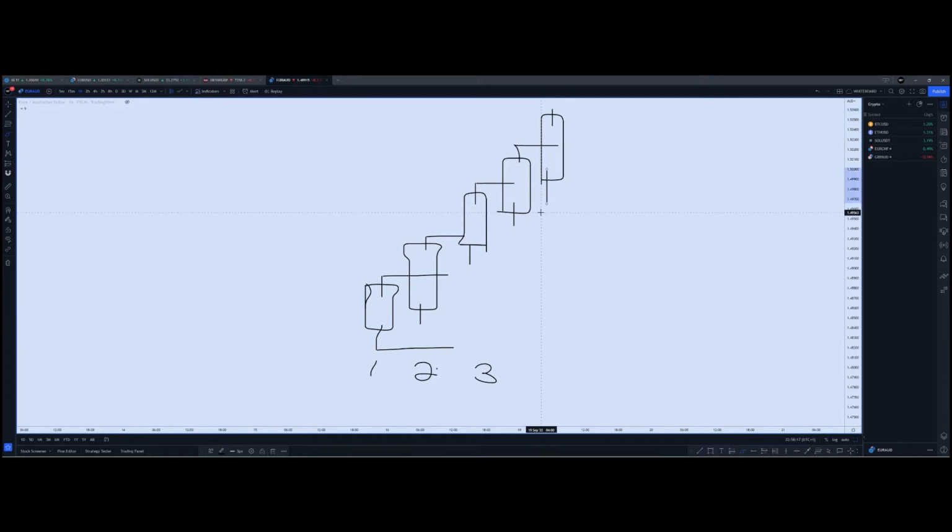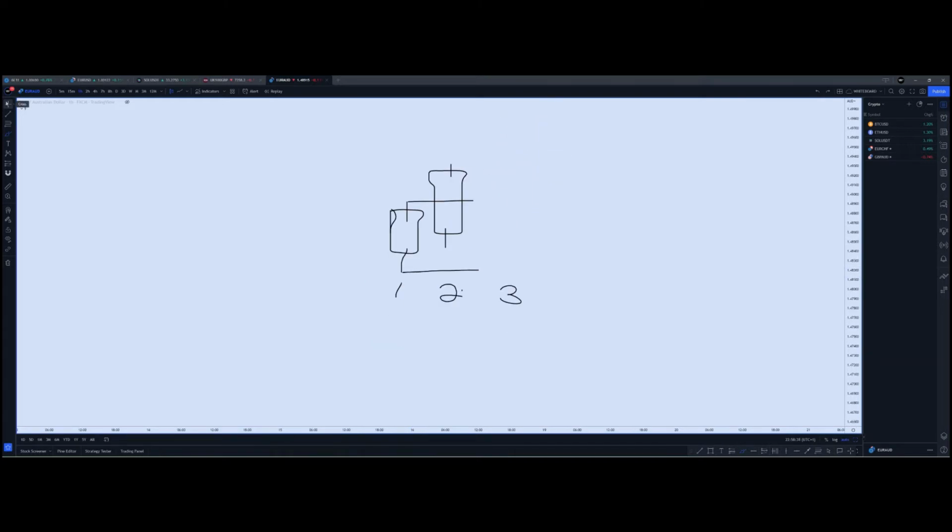Now sometimes the daily will not close above the previous day high or low, and the time frame that is closer to the daily time frame I found out to be the H4. So if the H4 is able to close above the daily high, then to me that's a confirmation that price is going to go up.